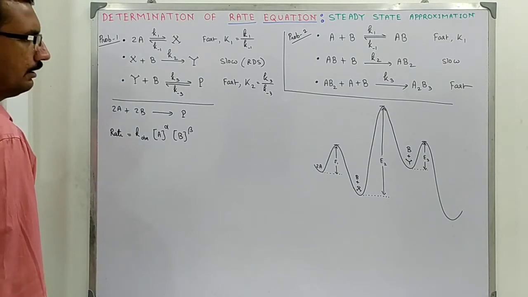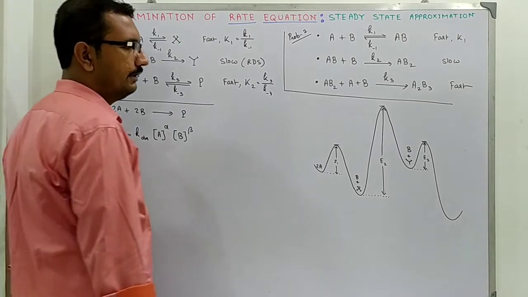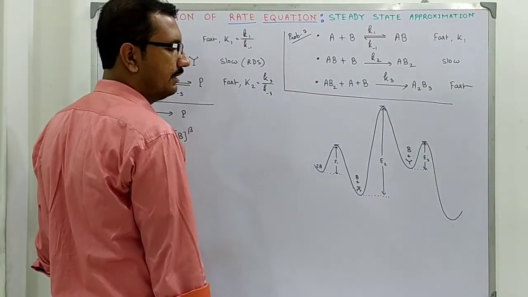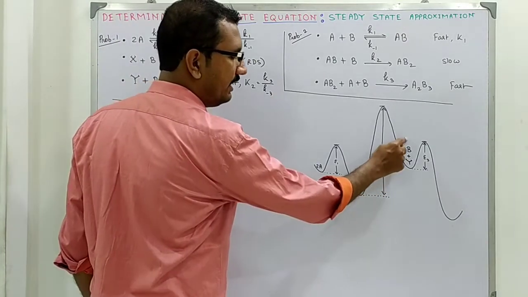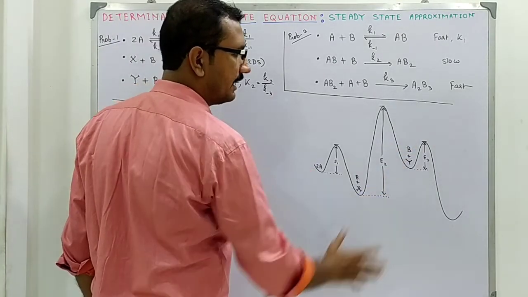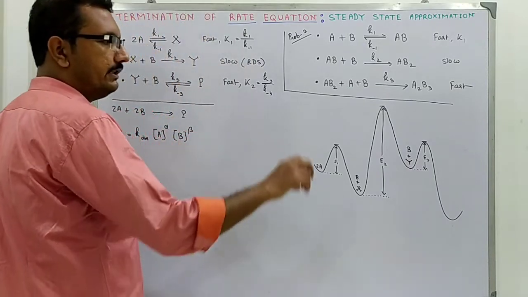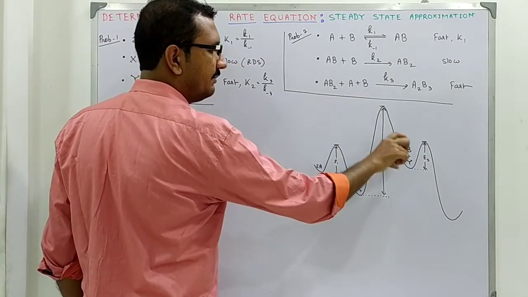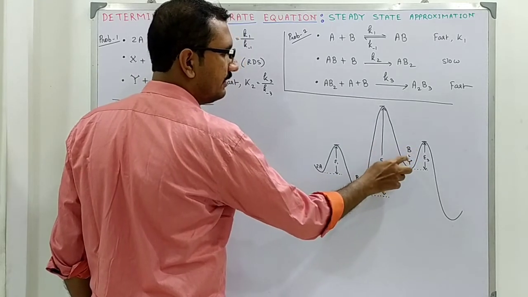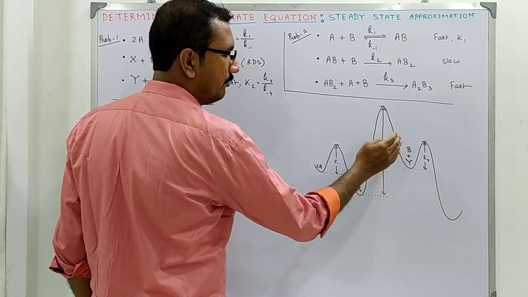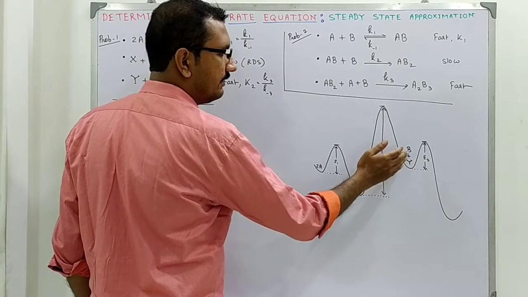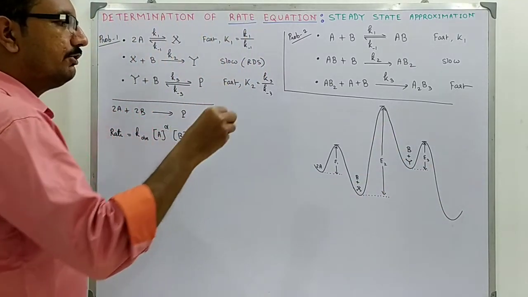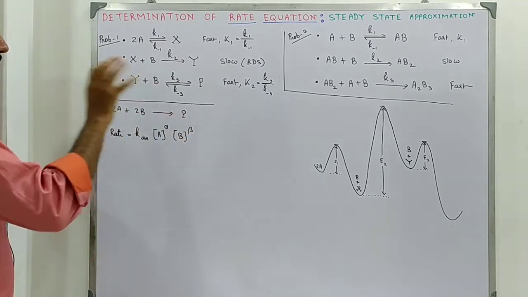So you can see that this step has a very small activation energy. So this B will have no role in crossing this barrier. Since this step has a very low activation energy, the thermal energy present in the system will be more than sufficient so that this B will cross this barrier with ease and no contribution of B will appear in the rate equation.